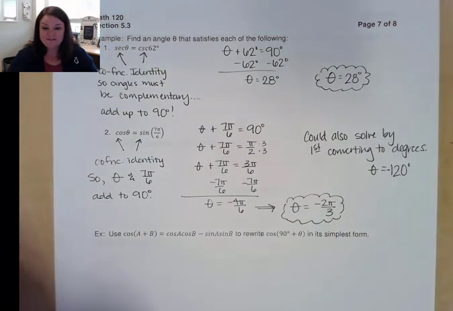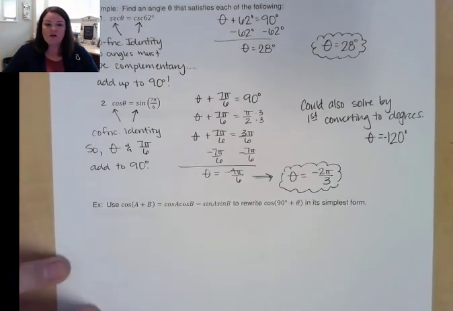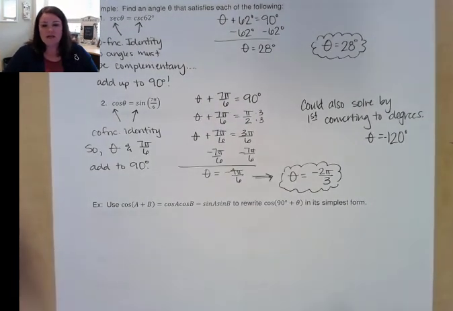Okay? All right, I want to show you 2 more, and then you'll be able to get started on your 5.3 homework. So at the bottom of the page, we can also use the sum and difference identities for cosine to rewrite other identities in their simplest form. So let's look at that.